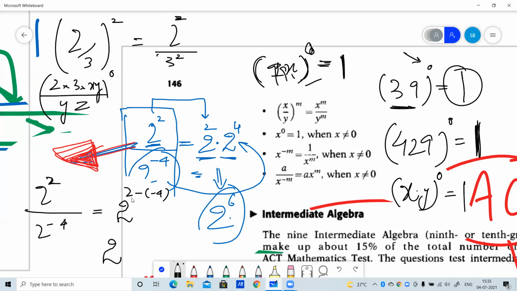2 minus negative 4. Subtracting a negative number is as if you're adding it. So you're adding positive 4 to 2, because whenever you're subtracting a negative number, that means you're adding this number.